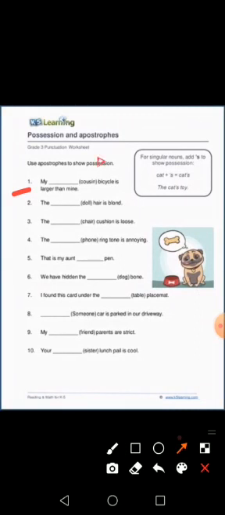You have to use apostrophe and s. Okay, the doll's hair is blonde. The doll's hair. Okay, those are examples. So try to answer the rest of the examples.